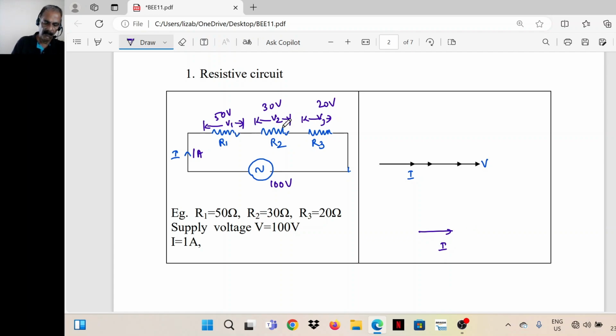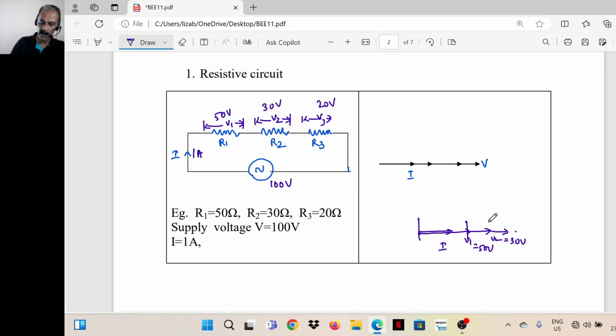Then V1, V2, V3, all these voltages will be in phase with I in this case. So V1 is 50 volt. V2 is 30 volt, that also in phase with I. Then V3 is 20 volt.